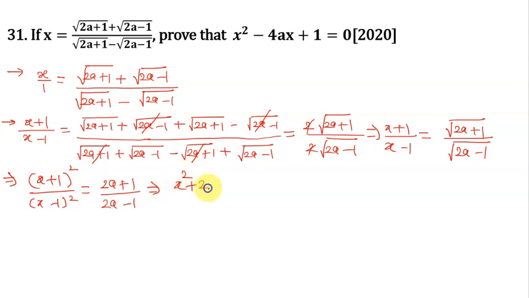plus 2x plus 1 upon x² minus 2x plus 1 is equal to (2a+1)/(2a-1).